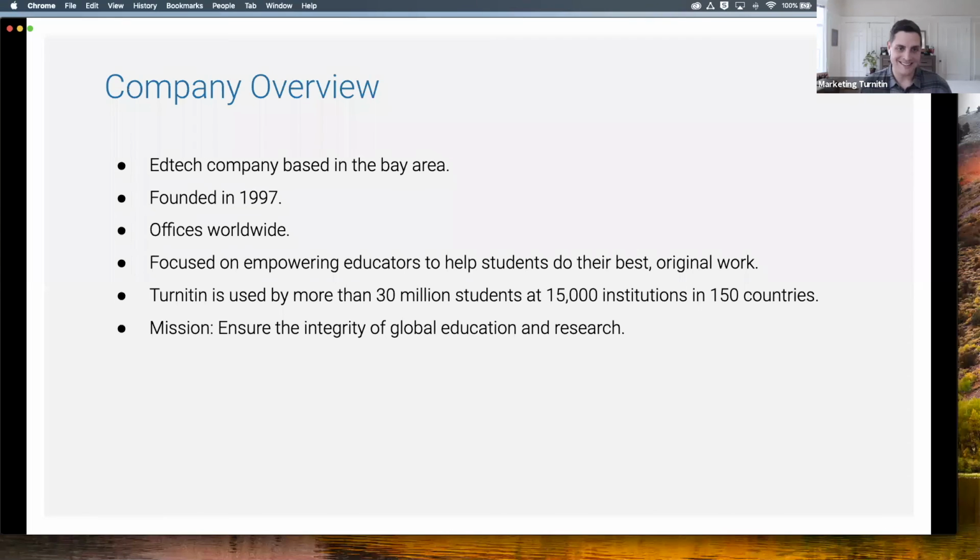That wasn't the case back in 1997, but we've grown quite a bit. At Turnitin, we're really focused on empowering educators to help students find their authentic voices and do their best original work. Turnitin is used by more than 30 million students at 15,000 institutions in 150 countries around the world, and that number continues to grow. Finally, our guiding star is ensuring the integrity of global education and research.